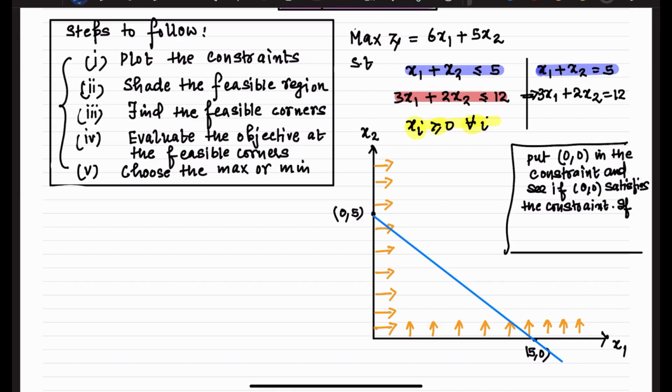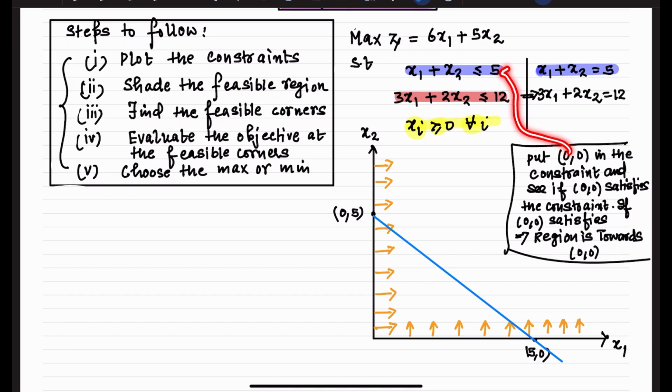If 0 comma 0 satisfies, this implies the region is towards 0 comma 0. So you can use this fact to check for your region. So we put 0, 0 in this constraint.